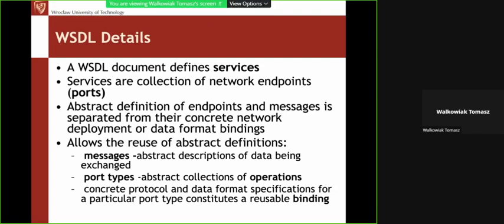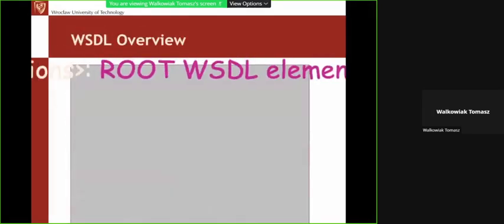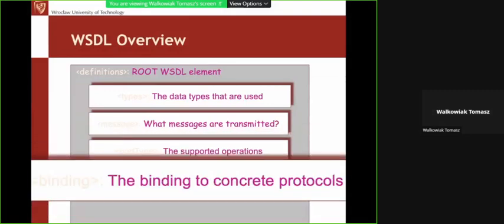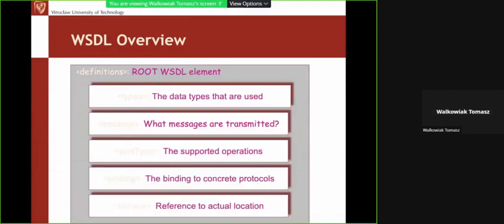In WSDL, they are called port types. And we have bindings. So this is a really sophisticated standard, very exhaustive. But what is nice, you don't have to do it by hand. It's always done in an automatic way.